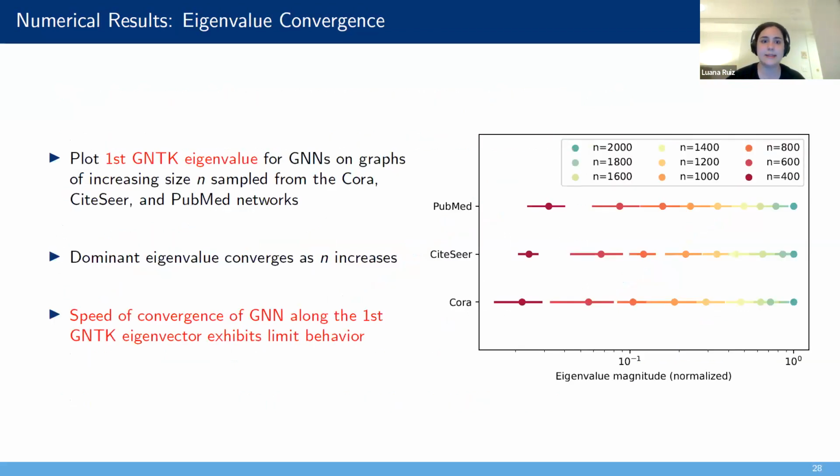And finally, this is my last slide. Here in this example, we trained a graph neural network and fitted a GNTK to citation networks, where the goal is, given some features corresponding to papers, which are the nodes of a graph, to classify these papers into different scientific communities.